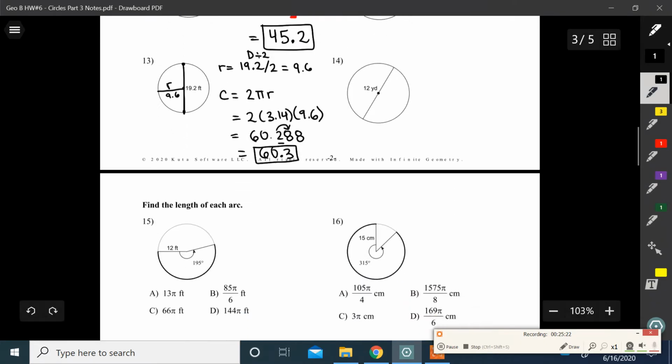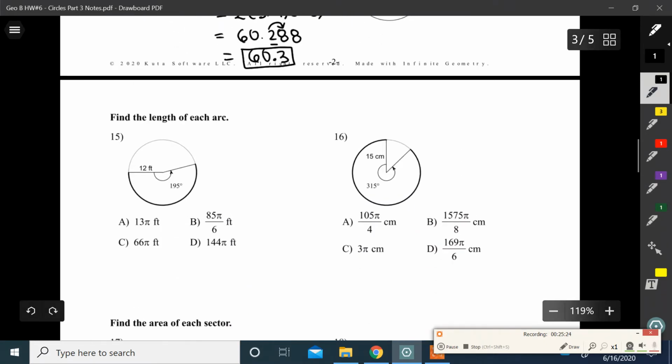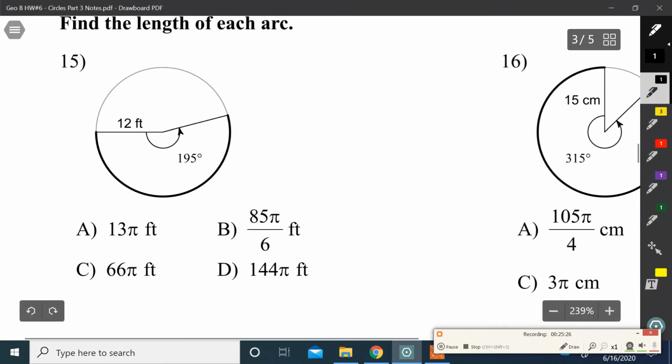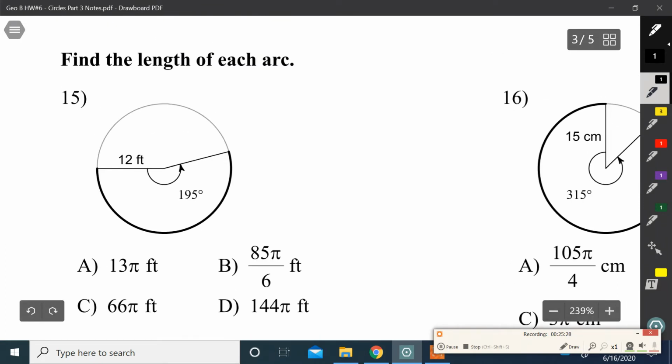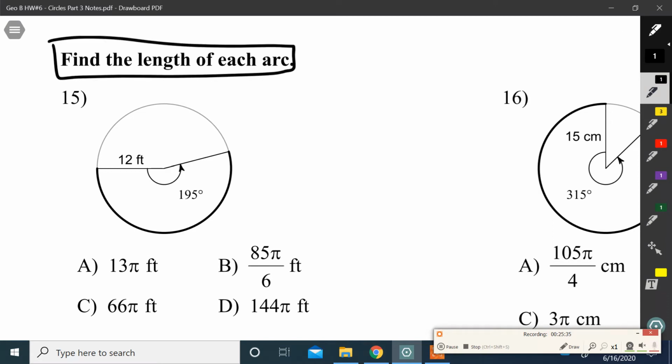All right, let's take a look at this one here. It says in here, find the length of the arc. You have to understand that when they're asking you to find the arc, they're talking about the circumference of the arc.